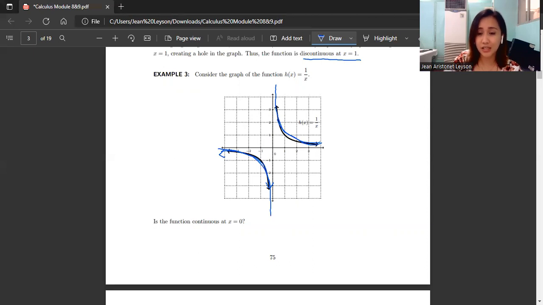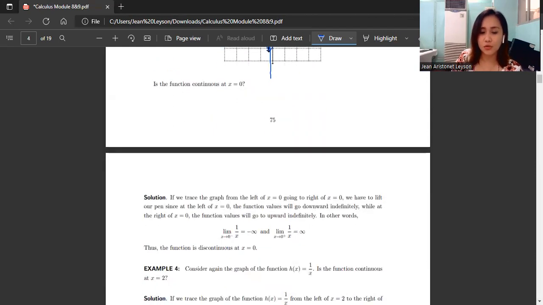So it's increasing indefinitely. On the other hand, the one below is decreasing indefinitely. So for the left side of the function, the limit is negative infinity. For the right side, it's infinity, or simply positive infinity. Thus, the function is discontinuous at x is equal to 0.